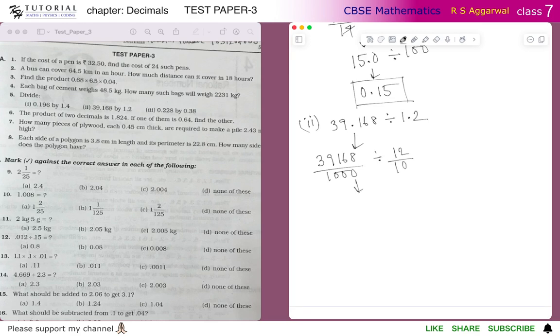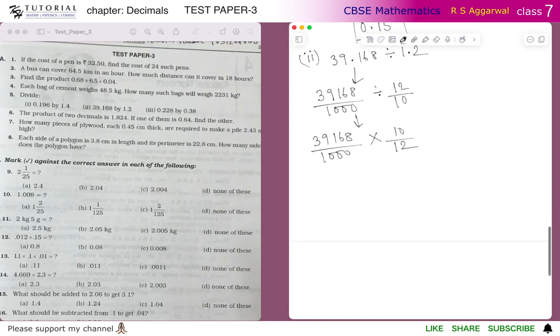Okay, now this is by 1000 and division means divided by 12 by 10 means multiplied by 10 by 12. Okay, now we cancel out the powers of 10. This becomes 100. Now this is 39168 divided by 12 multiplied by 1 by 100.